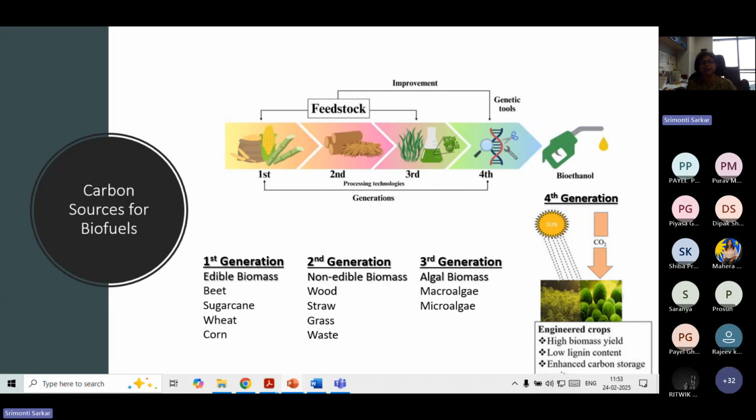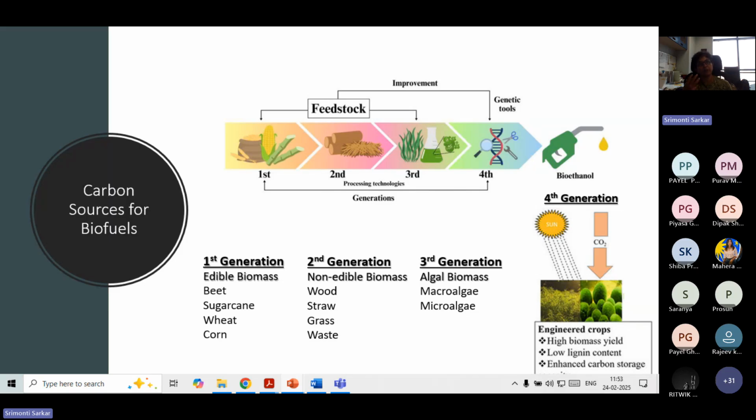So when it comes to the biomass that is used to generate biofuels, we've also undergone a transformation. The first generation biomass input that was used was again food crops: corn, sugarcane, wheat, beet.